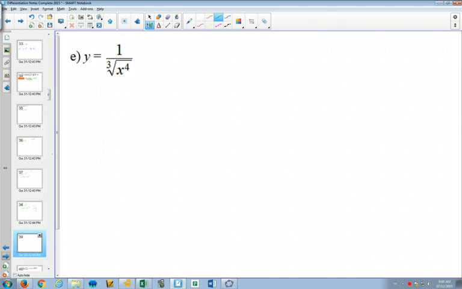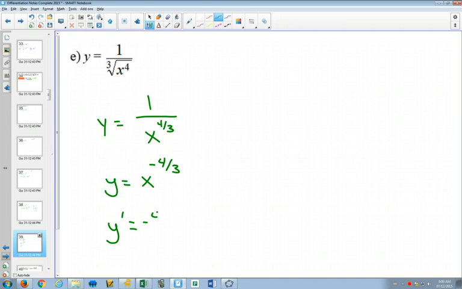Okay, our exponent rules combined here. First of all, cube root of x to the 4 becomes x to the 4 over 3. And now, take another step and say 1 over x to the 4 over 3 is the same as 1 over x to the negative 4 over 3. Once you've got it in this form, now we can do the derivative, the power rule.